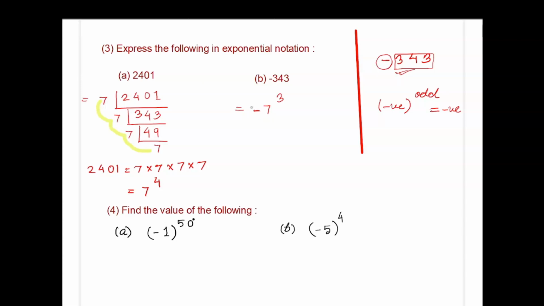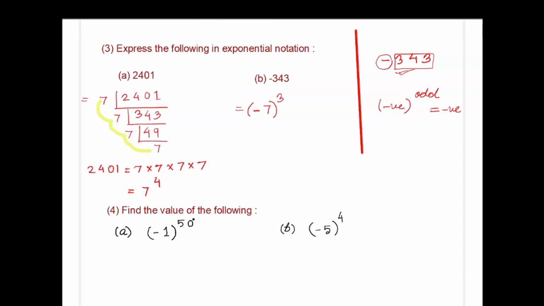So (-7) whole to the power 3. Understood? Same as question number A, but only here negative. Suppose here positive is given, then we need not write negative. Okay, fine.